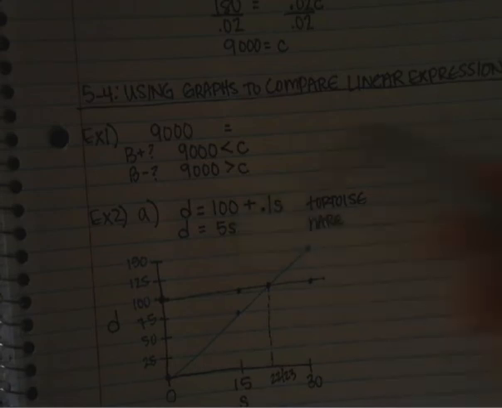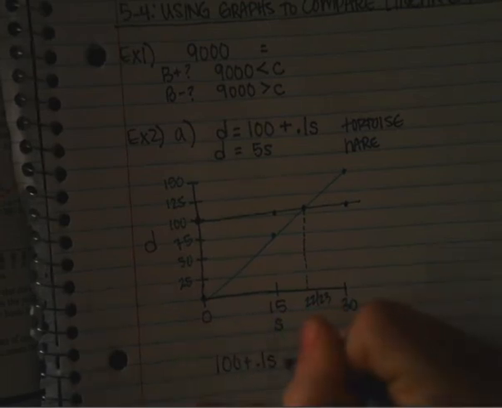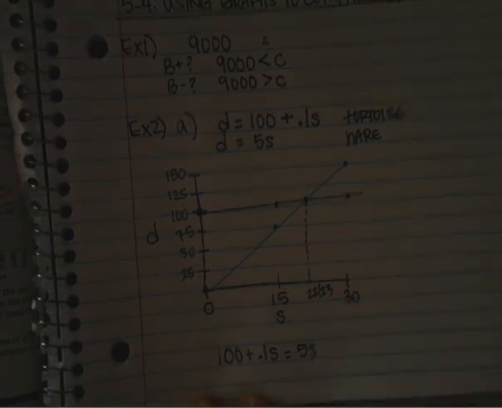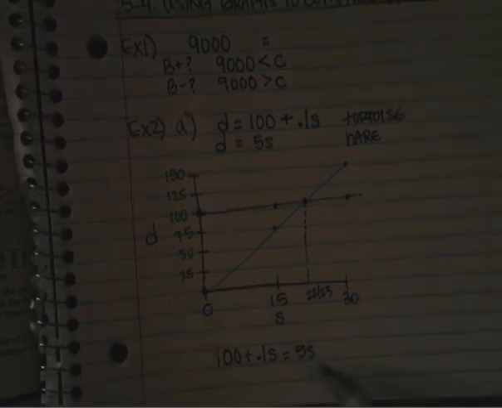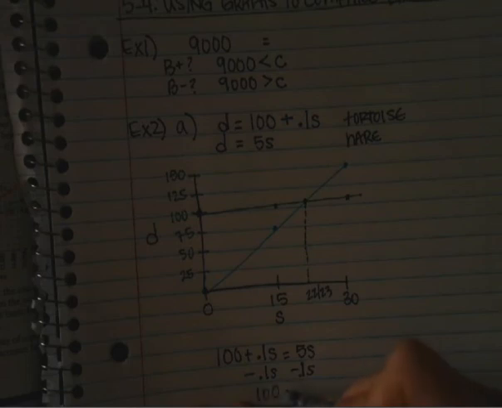Okay, so again, we know how to do this. We have our two distances, and we want to know when they're exactly equal. Okay, so we can solve them and see actually how close our graph was. Okay, so this is when we have the tortoise equal to the hare. So I have 100 is equal to 4.9s.